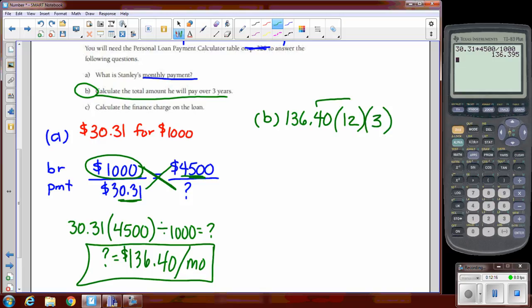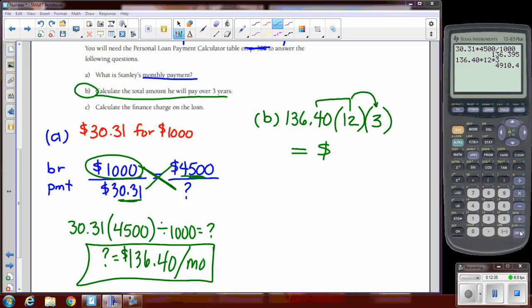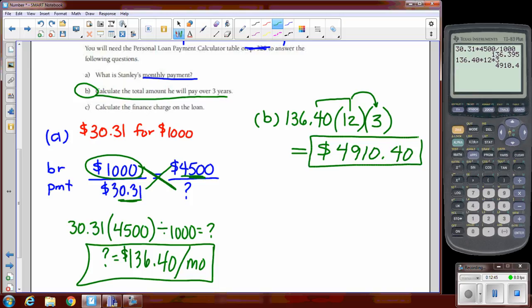So 136.40 is the monthly payment times 12 months. That'll tell me how much in a year. And then that answer times 3 will tell me after 3 years how much Stanley actually paid back to his credit union. So we got 136.40 times 12 and then multiplied by 3. Stanley's actually going to pay back to his bank $4,910.40. So this is what he pays back.